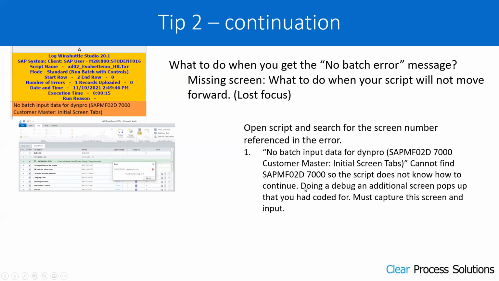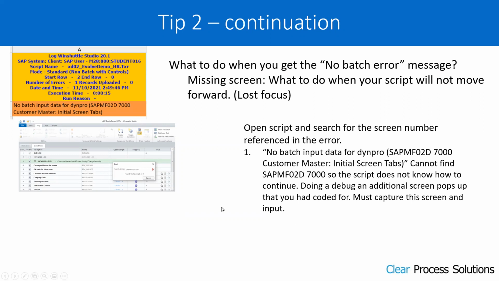And so what I need to do on this one, if I've looked in my disabled fields and it's not there, then I want to go ahead and run the script in debug mode and allow Winshuttle to step through the SAP screens until it reaches the screen that it's having the error with.